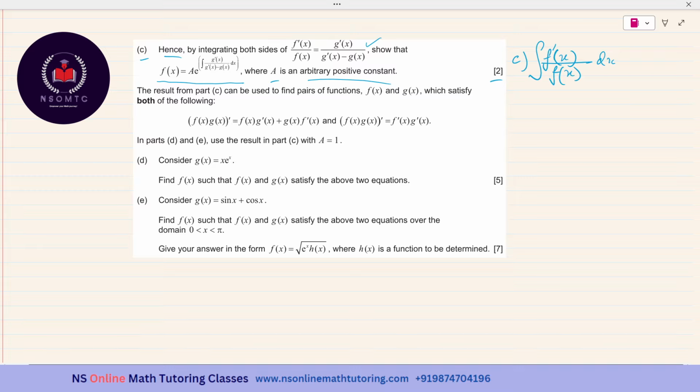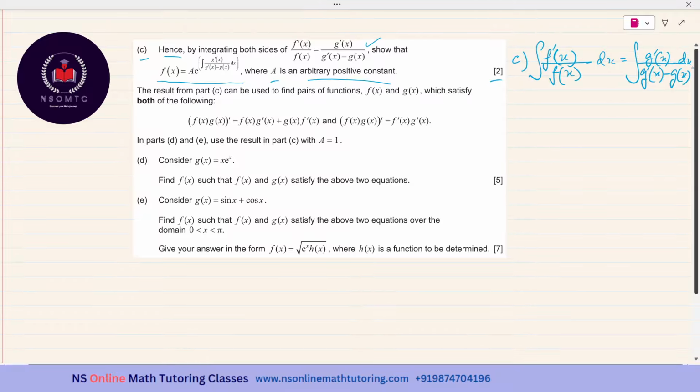So this should be equal to the integral of g dash x over g dash x minus g of x, and it is dx. Okay.